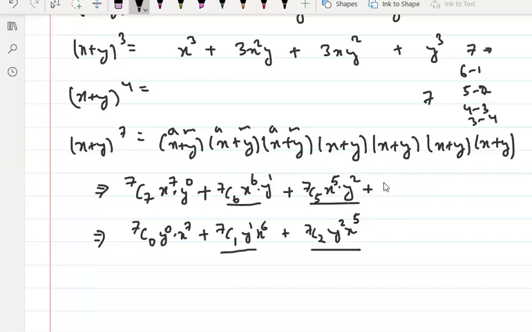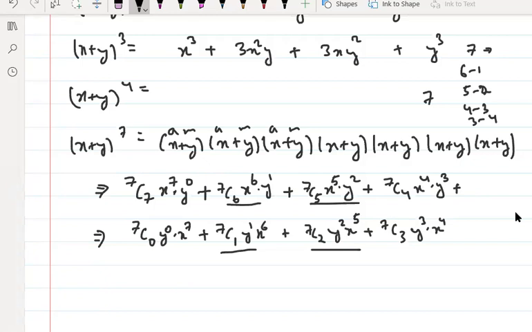Yes, very good, Vikas. So next term would be 7c4 x to the power 4 into y to the power 3. Now 4 apple, 3 mangoes, or 7c3 y to the power 3 into x to the power 4. Right? Very good, everyone.